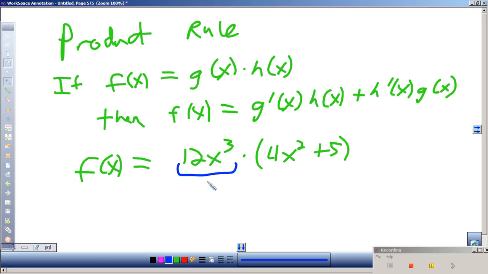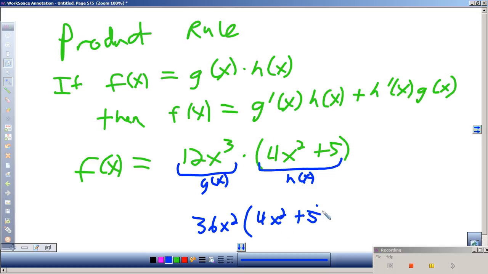Okay, so let's call that g of x. This would be h of x. So, first, what's the derivative of g of x? 36x squared times h of x plus derivative of h of x, 8x times 12x cubed.